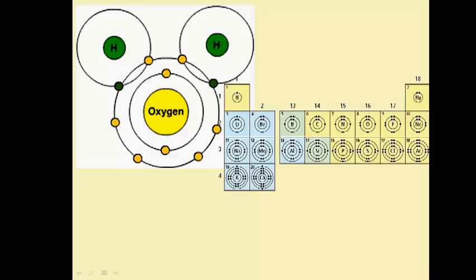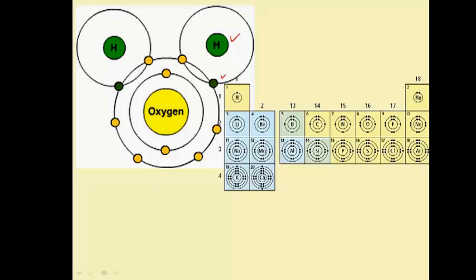In this case, oxygen has 6 valence electrons, but it needs to have 2 more to form a stable octet. This hydrogen here has 1 electron shown in green, but in order to have a full shell, it needs 2 electrons. You should remember that the first shell of each one of these atoms is full with only 2 electrons.